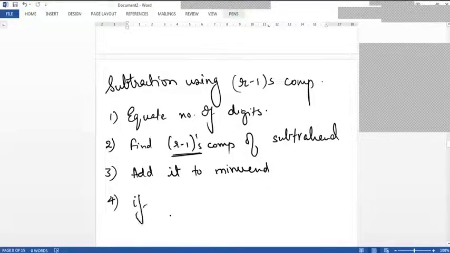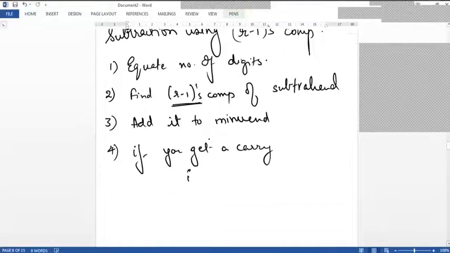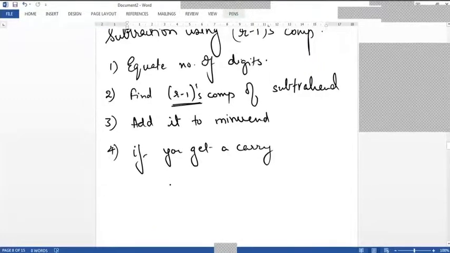If you get a carry, ignore it. Where was it that if you get a carry, ignore it? In r's complement. Here you will not ignore it. If you get a carry, add it to your answer.